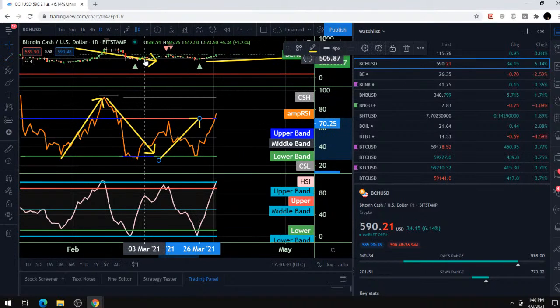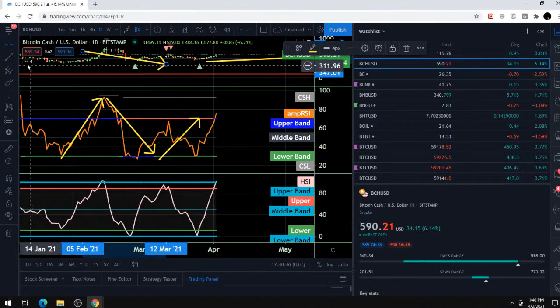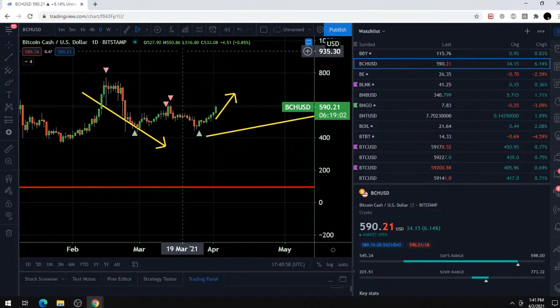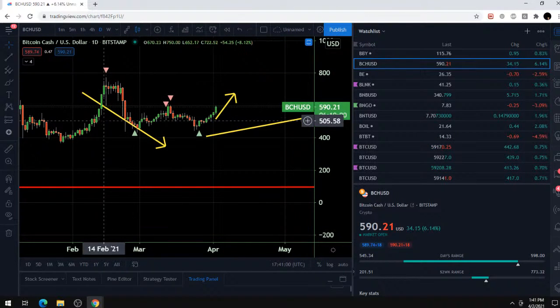That puts us in the area where the reaction in price is more likely, and we're seeing that now. I like that. Bitcoin Cash has got room. There's room to go. Litecoin, probably the same thing.